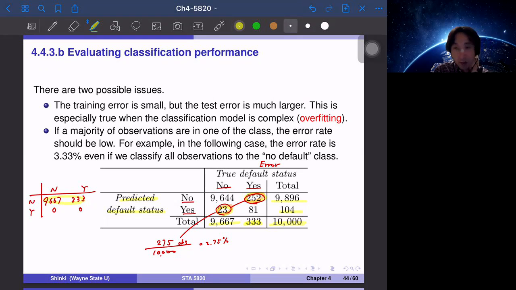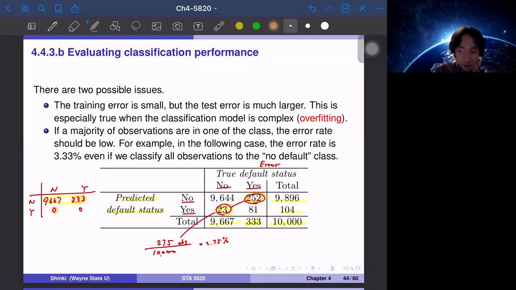And how many observations are wrong? How many of the predictions are wrong? Actually that's 333 plus 0. So still we have a 3.33% error rate. So even though we don't use any information and just predict that all people are not in default, then actually only 3.33% error.